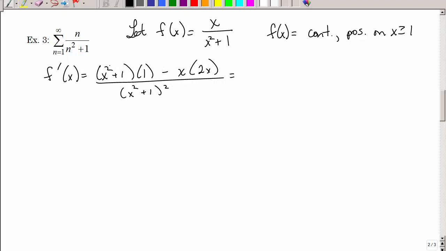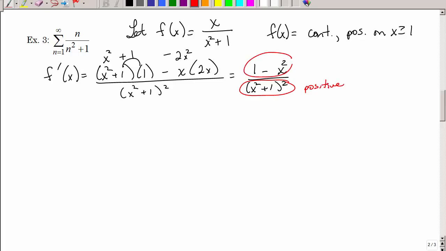So let's see, this is going to be x squared plus 1 minus 2x squared. So I'm going to have a minus 1x squared, and then I'm going to have a positive 1. Let's just check that arithmetic again. That's x squared plus 1 minus 2x squared.